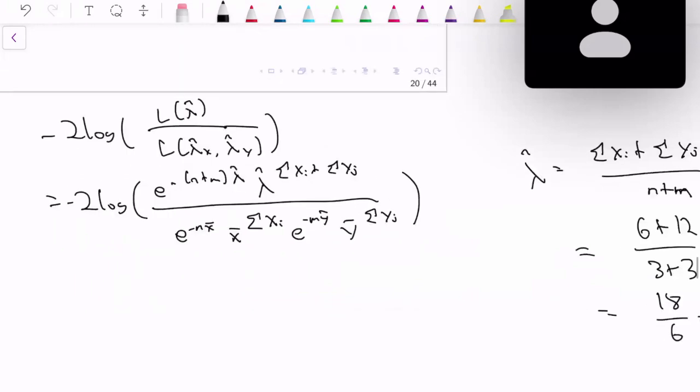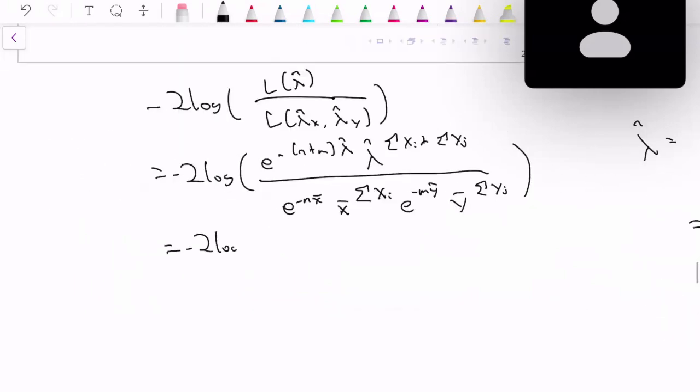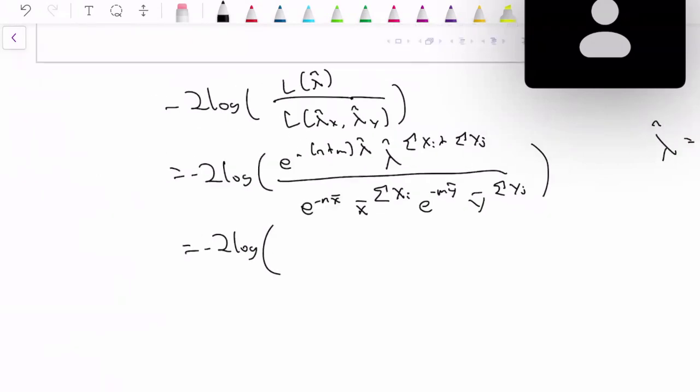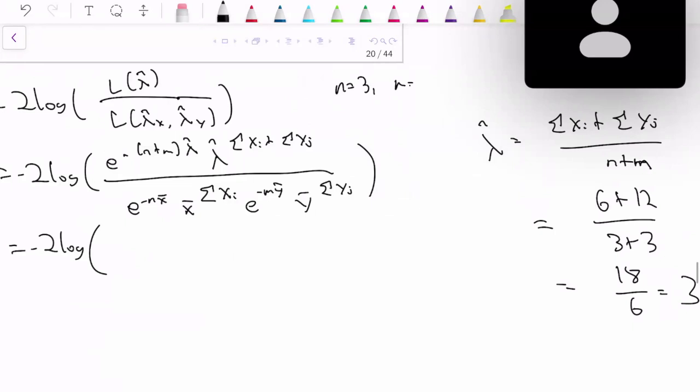So now it's just about plugging in values. So -2 log, e, n and m are 3.